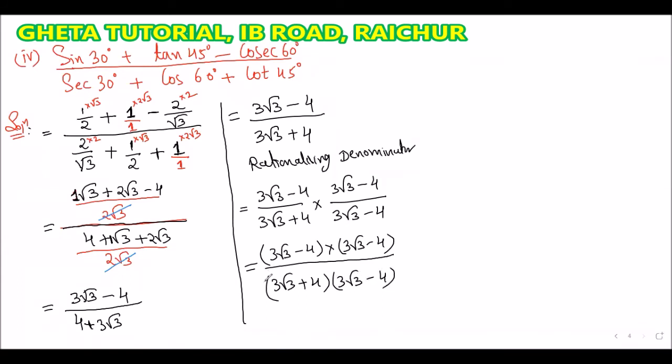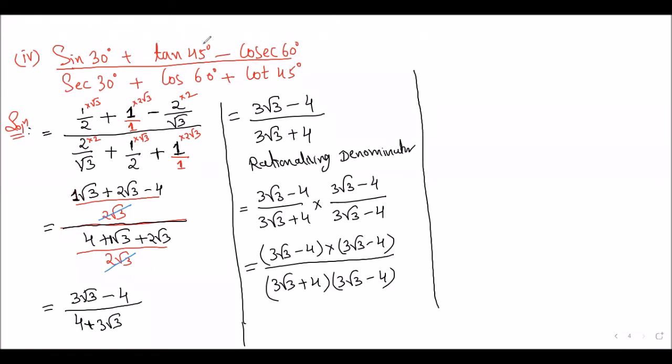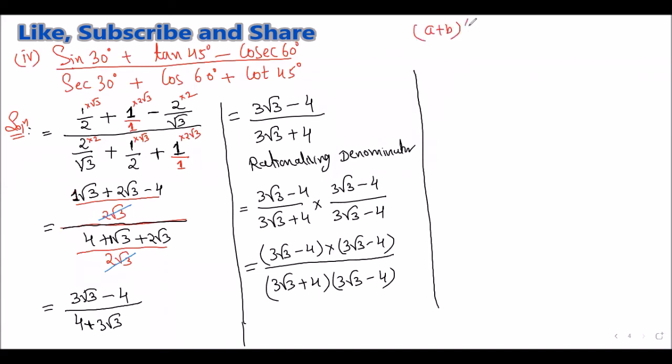Now in the denominator we have to use which identity? a plus b into a minus b equals a square minus b square.